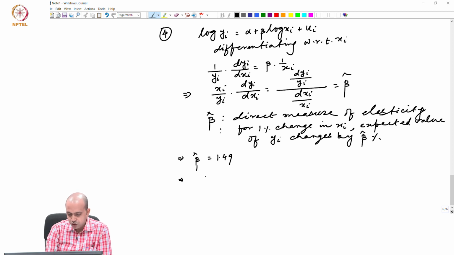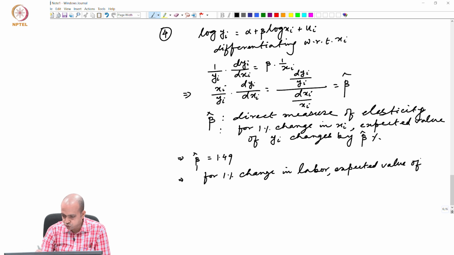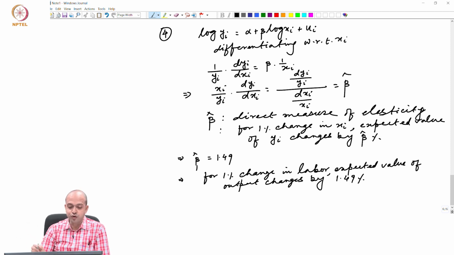This implies for 1% change in labor, expected value of output changes by 1.49%. Don't multiply this by 100 and say 149%, that would be wrong.